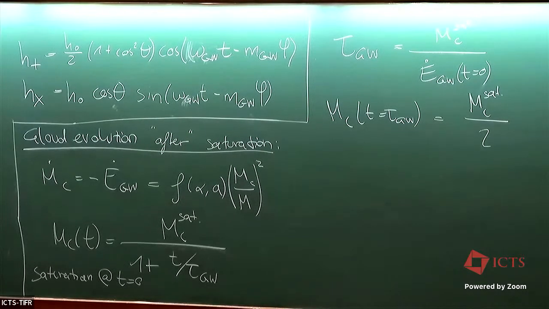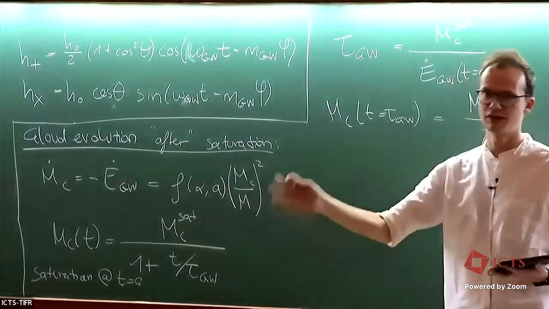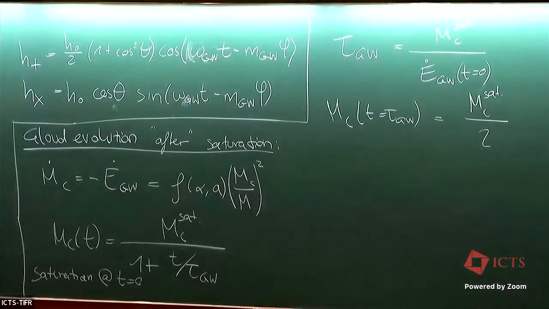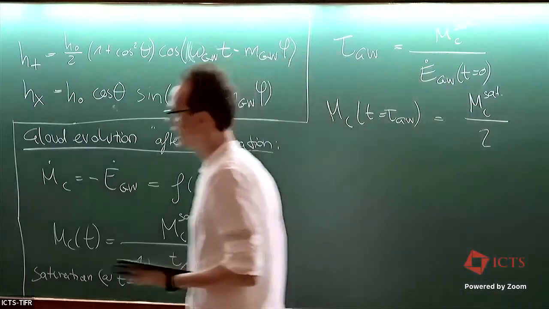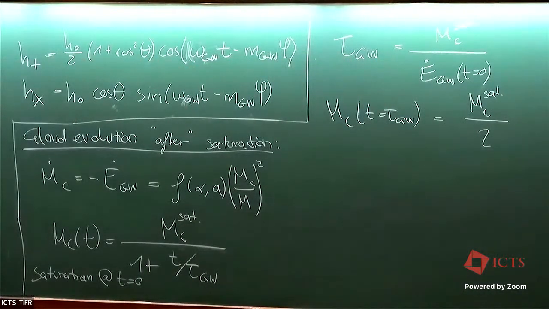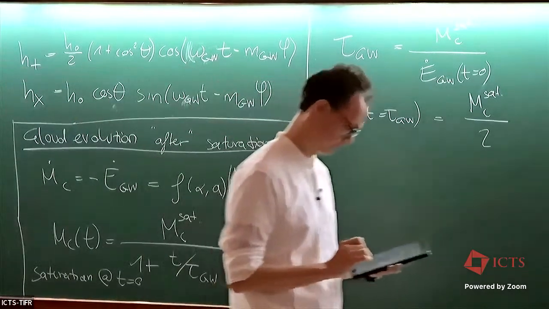So it just gives you a rough idea of what the timescales are for the decay of the superradiance cloud due to gravitational waves. And then of course you can get tau GW by plugging in the expressions for the gravitational wave energy flux that we wrote down yesterday, and actually get some feeling for what these numbers are.